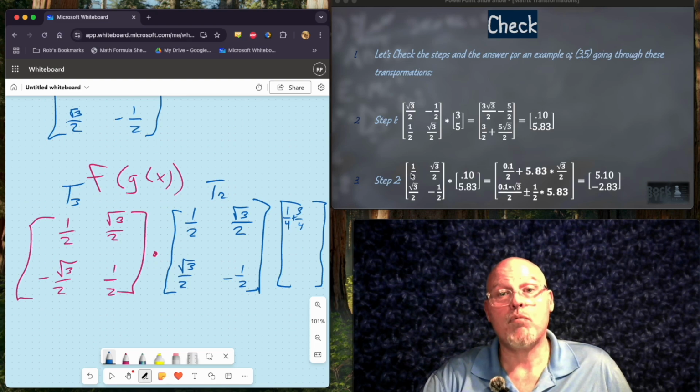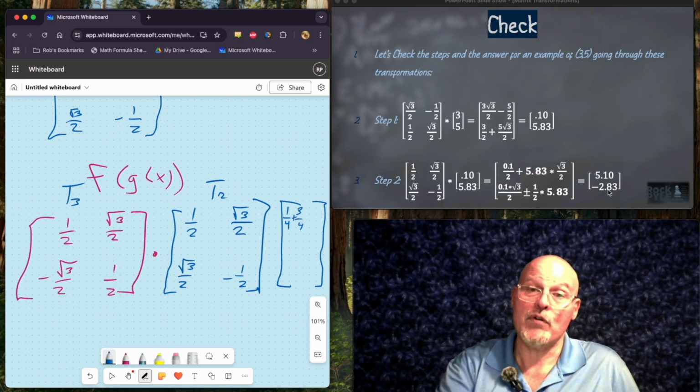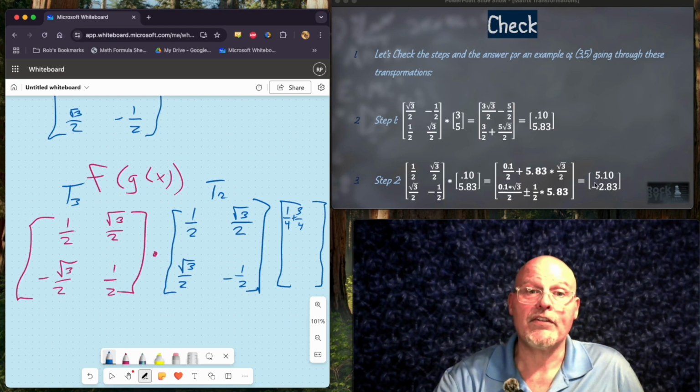So now I've got 0.1 over 2 plus 5.83 times root 3 over 2. And on the bottom I have 0.1 times root 3 over 2. Oops, that's a minus. Minus 5.83 times 1/2. That's going to come out to negative 2.83. So now we're moving around. We've moved up, and now we're moving down and to the right.